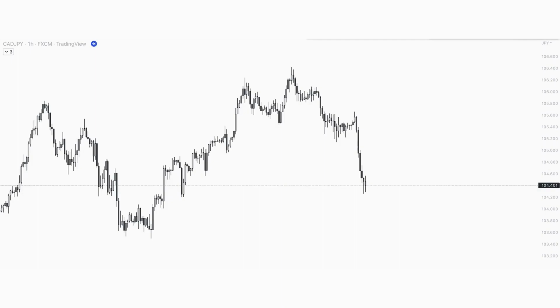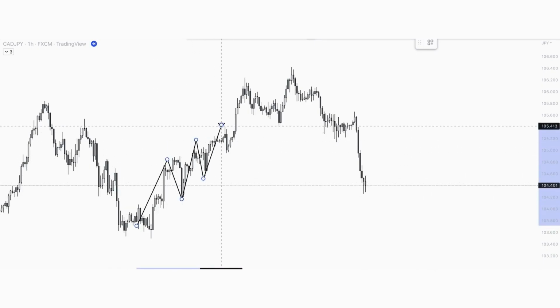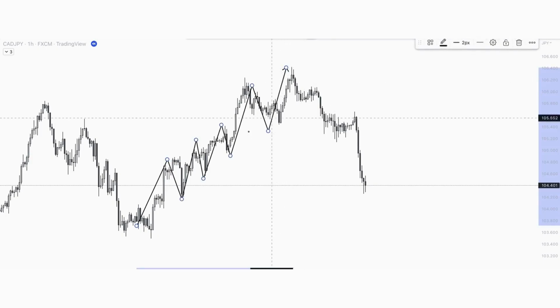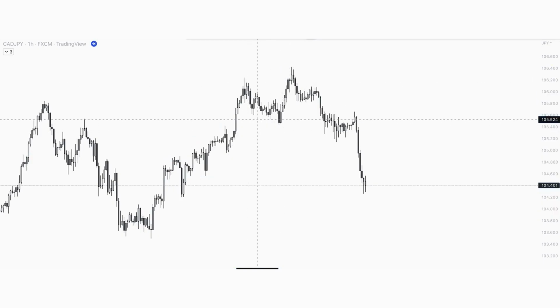Here in our chart example, in CAD JPY on the 1 hour time frame, you would notice that it is in a bullish trend, making higher high, higher low, higher high, higher low, higher high. So it's indeed in a bullish trend, and it's making a demand zone here.